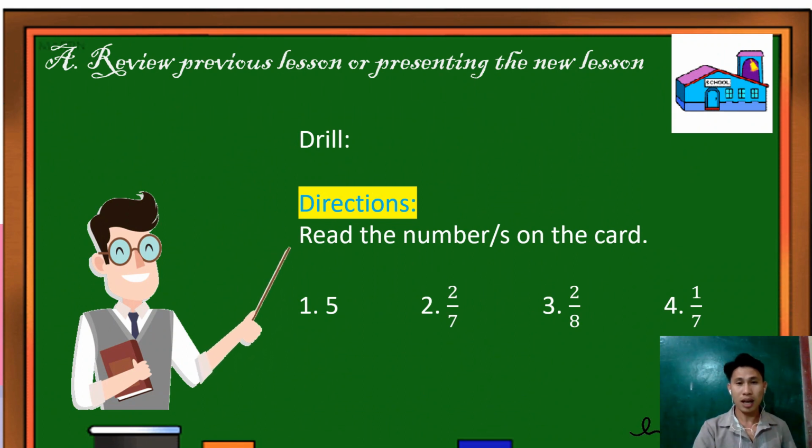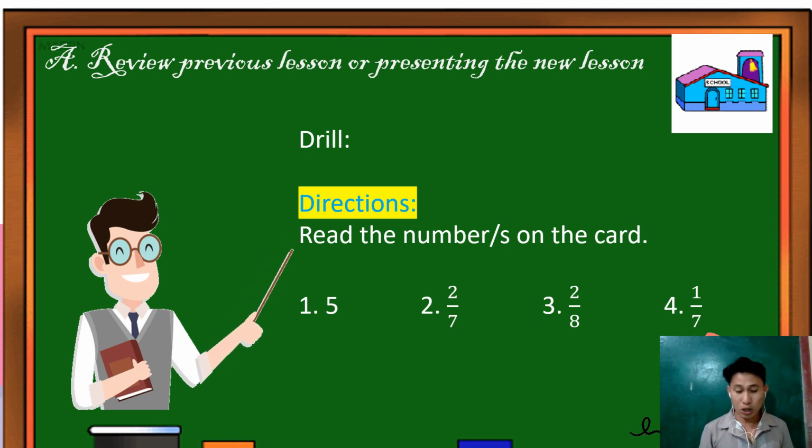Now the drill. As you can see, instead of the review of the previous lesson, we choose to use the drill. We choose the whole number and a simple fraction because we want to test how much learners already know about fraction. And this fraction is the core instrument in discussing our lesson, which is adding similar and dissimilar fraction.